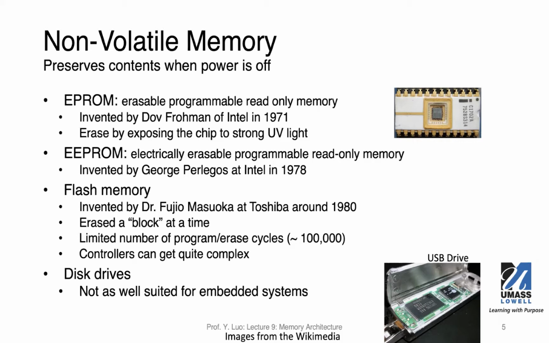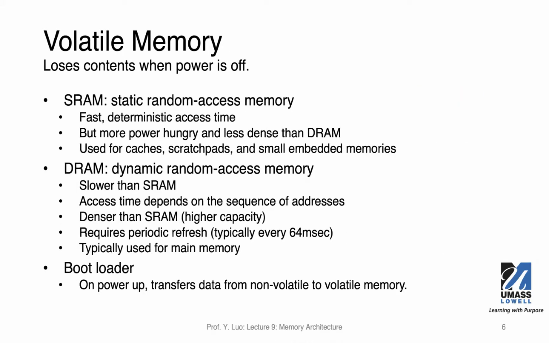And if you do want frequent read-write, then you're going to be looking at different types of memory, and that's the volatile memory. With volatile memory, you can read and write at runtime as you need, but it will lose contents when power is off.